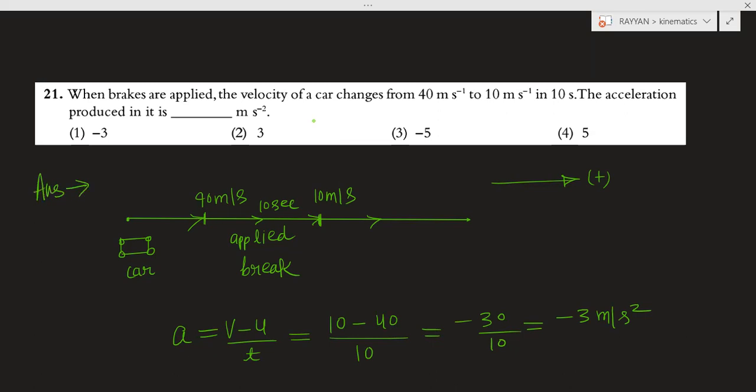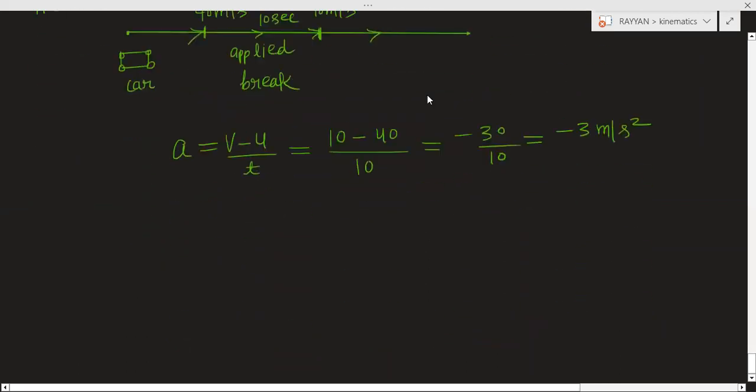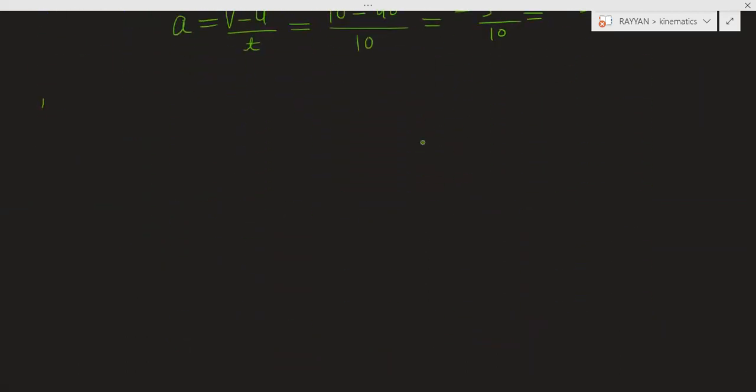Now if a car is taking a turn, initially moving with 40 meter per second, and in 10 seconds the car takes a turn and is now moving with 10 meter per second in the opposite direction, then your answer will be right.